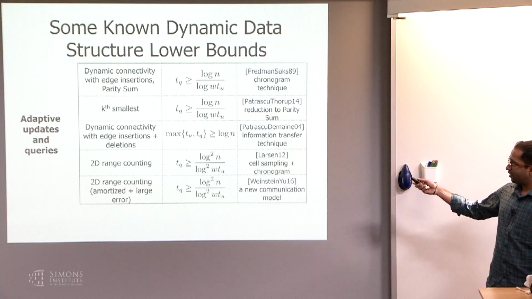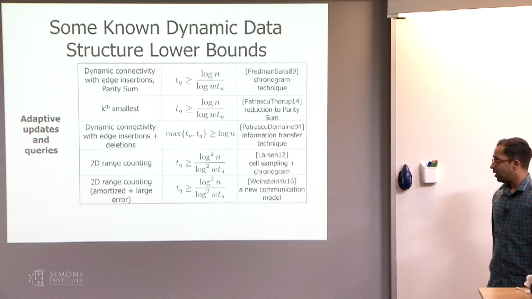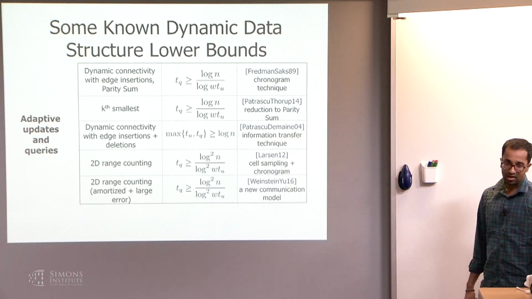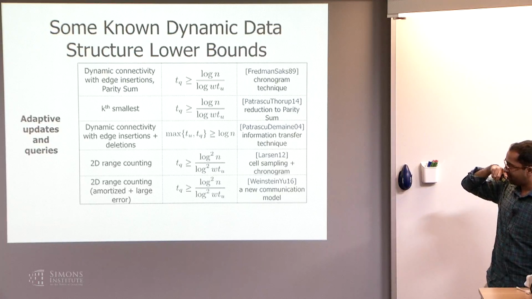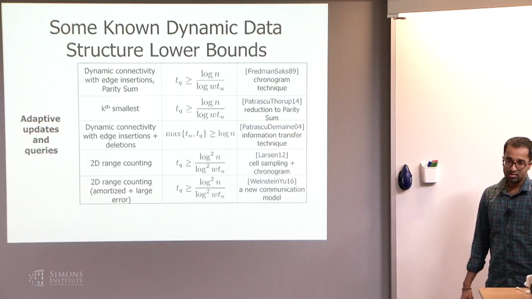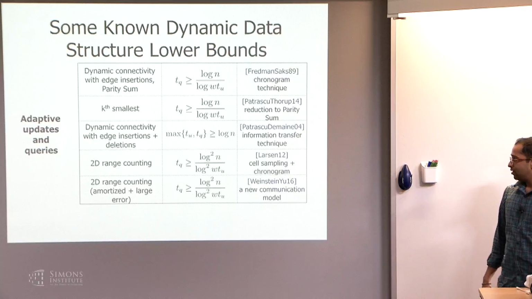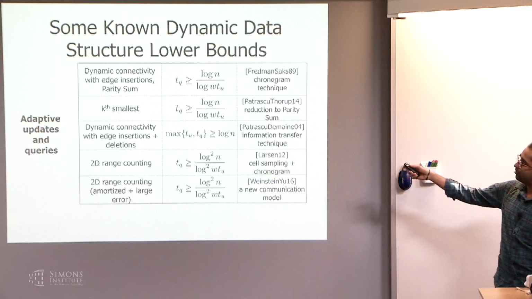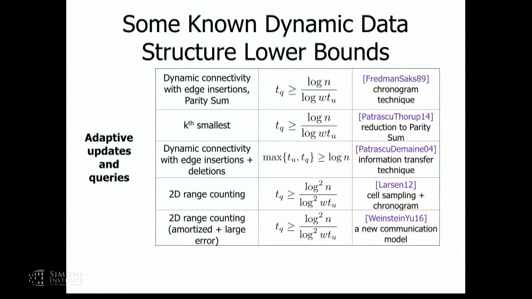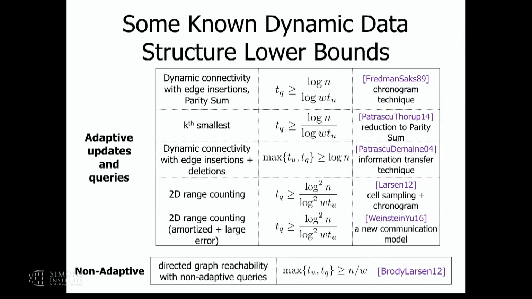As Kasper mentioned in the open problems session on Monday, the best known lower bound that we have is (log n over log log n) squared, and that's the state of the art for dynamic data structure lower bounds. In the case of non-adaptive dynamic data structures, we actually know polynomial lower bounds on multiple interesting problems like directed graph reachability and so on. This was done by Joshua and Kasper.